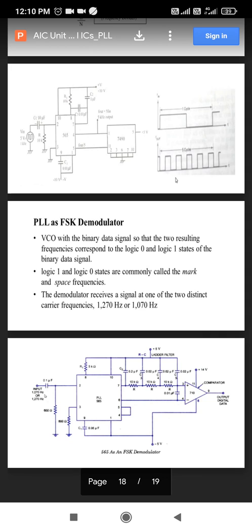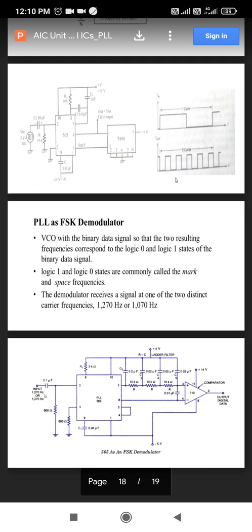In the previous application, where we used the PLL as a frequency synthesizer or frequency multiplier, the output was taken at pin number 4. Whereas in this FSK demodulator circuit, the output is taken at pin number 7. Pin number 7 will give the demodulated output. Now PLL as a FSK demodulator, in that the VCO with binary data signal.